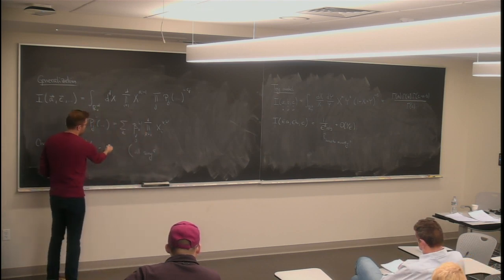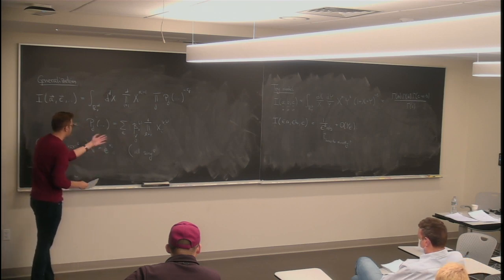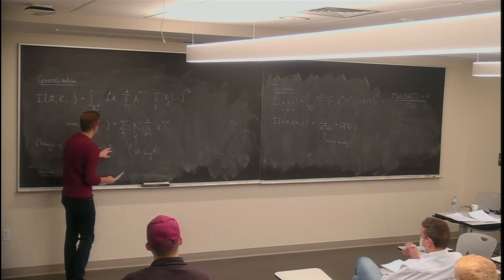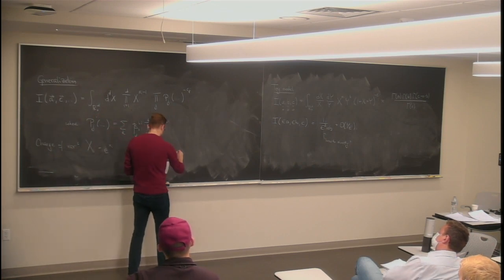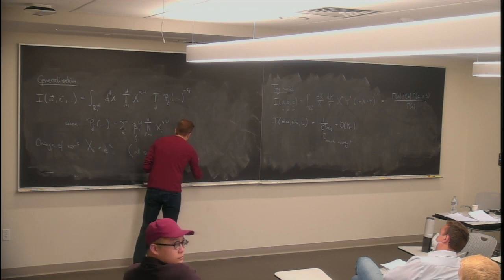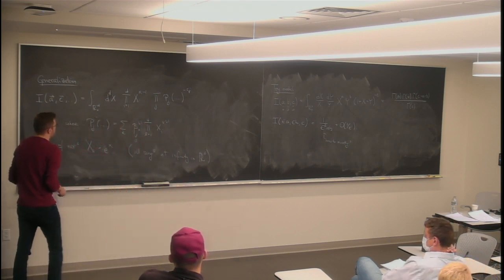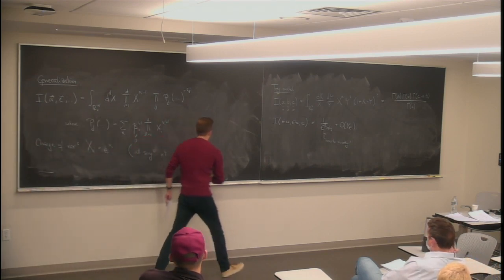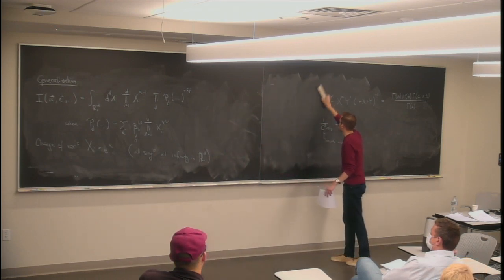And the effect that this has is that all the singularities in the integration domain are now at infinity, as this lowercase x goes to plus or minus infinity. This gives us a mapping of all the divergences at infinity in the real space of the divergences.